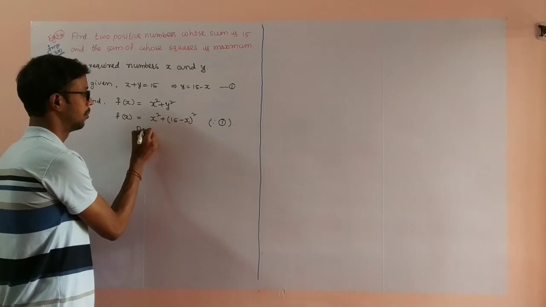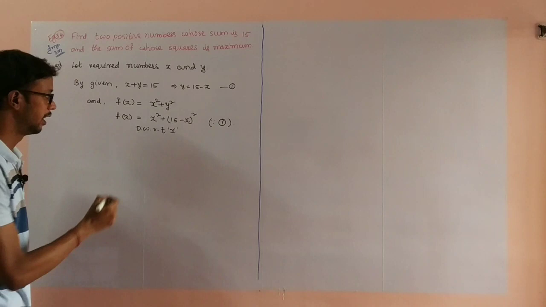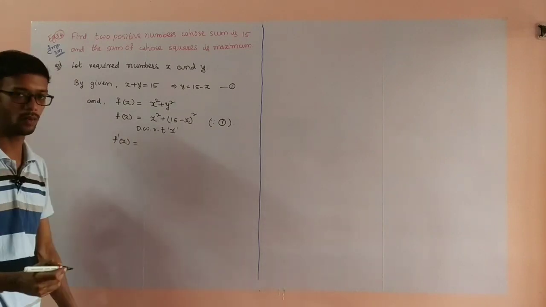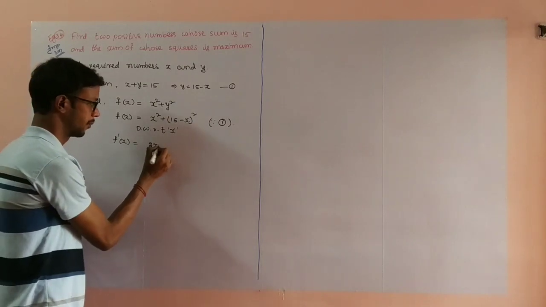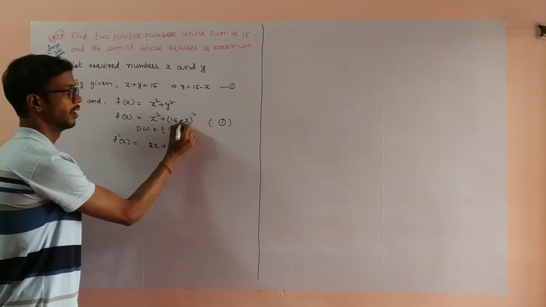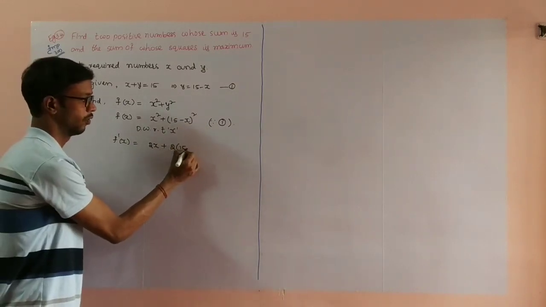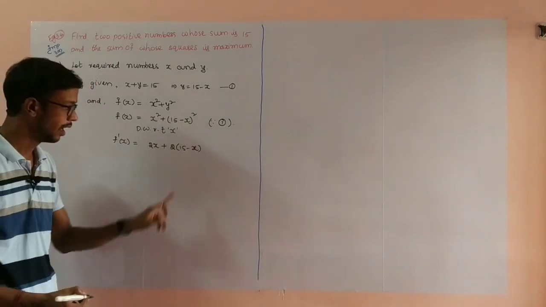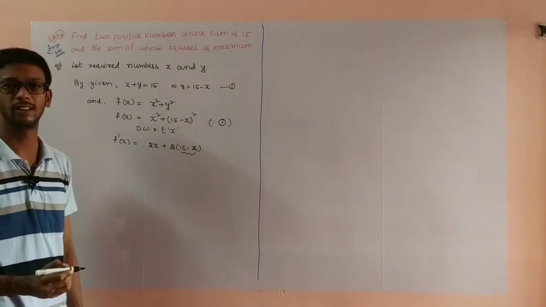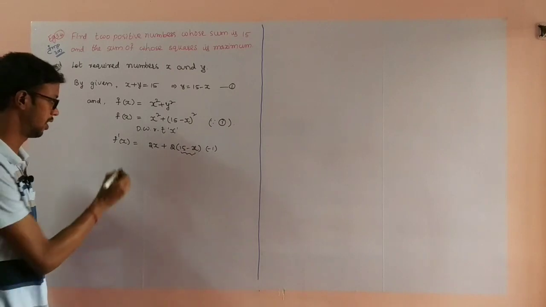First we have to differentiate with respect to x. f dash of x is equal to 2x plus, applying the same method, 2 into 15 minus x, and the derivative of 15 minus x is minus 1.